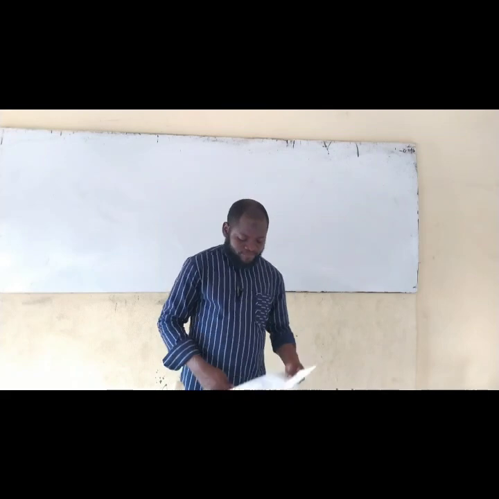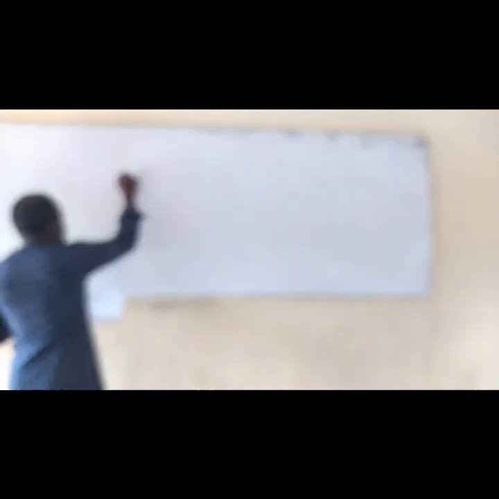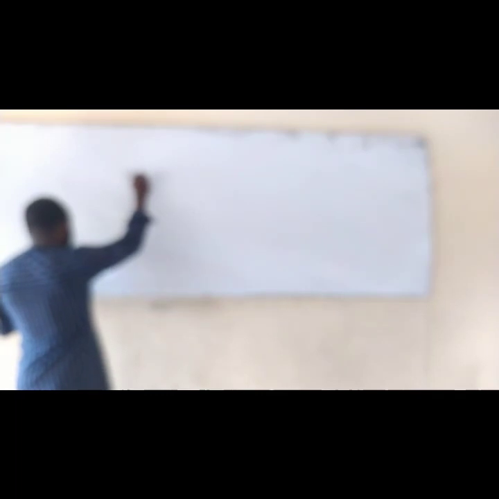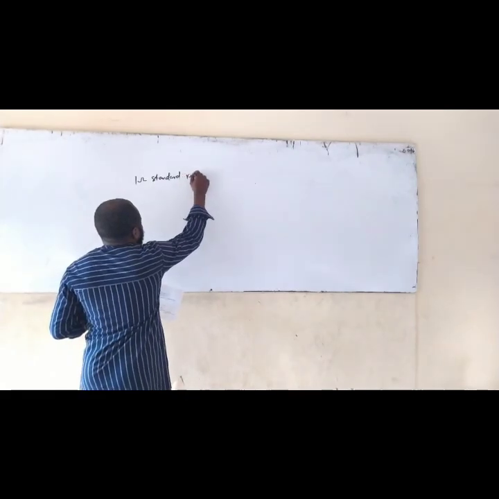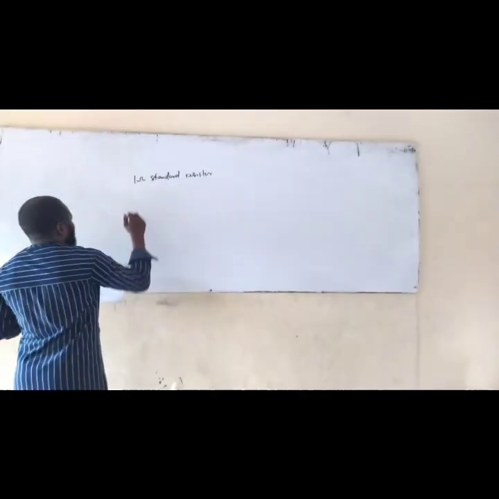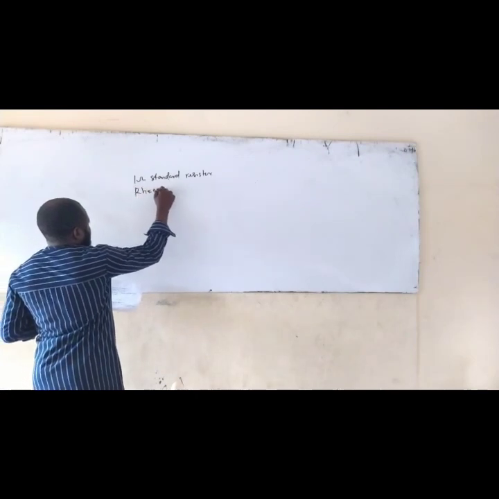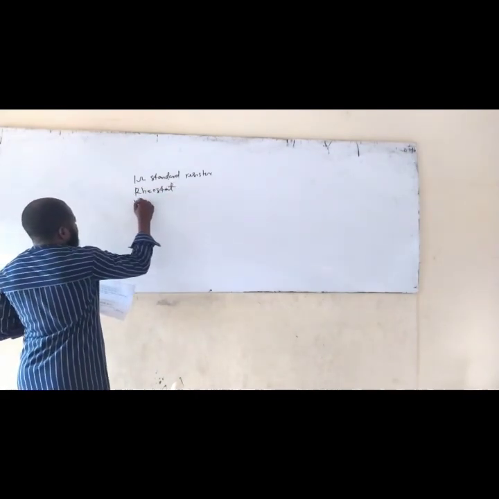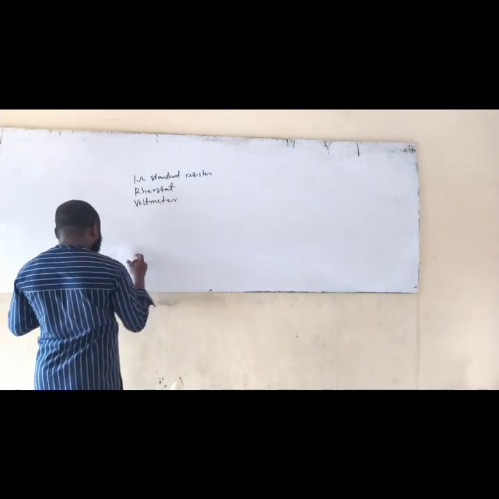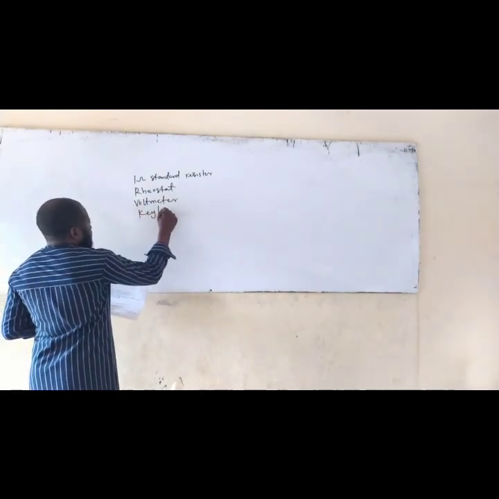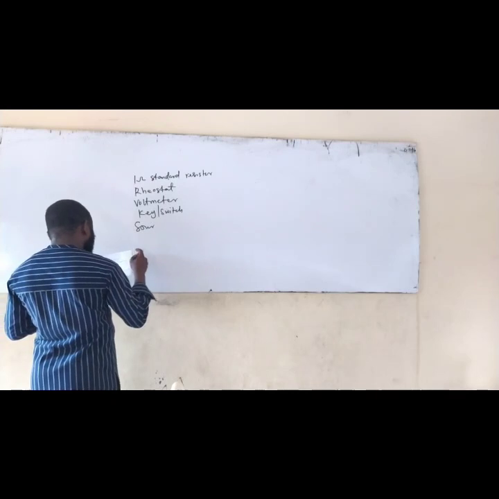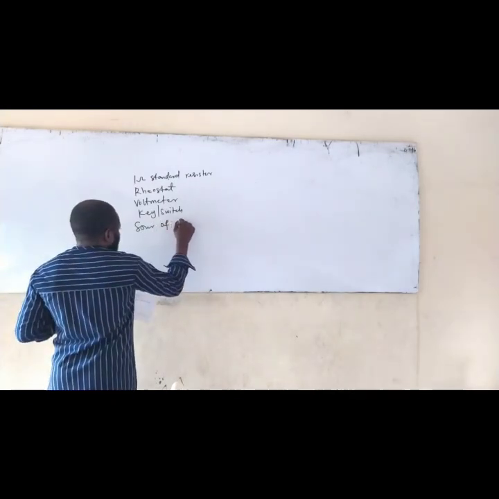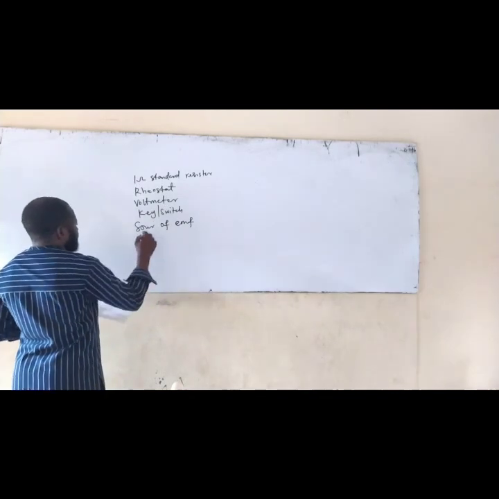This year, WAEC provides us with the following. We are asked to provide a 1 ohm standard resistor, rheostat, voltmeter, key, or you call it switch, source of EMF, that is battery.